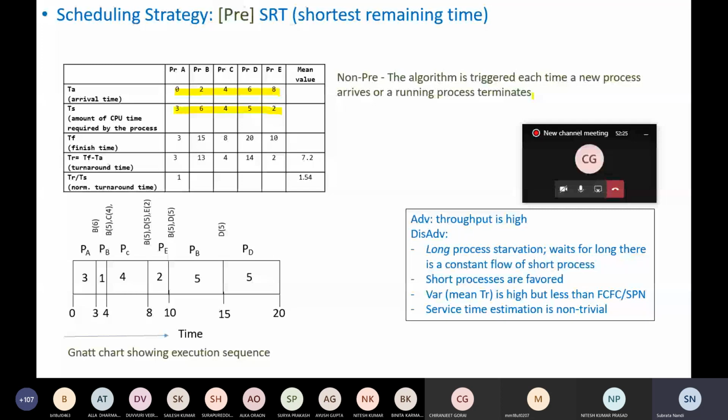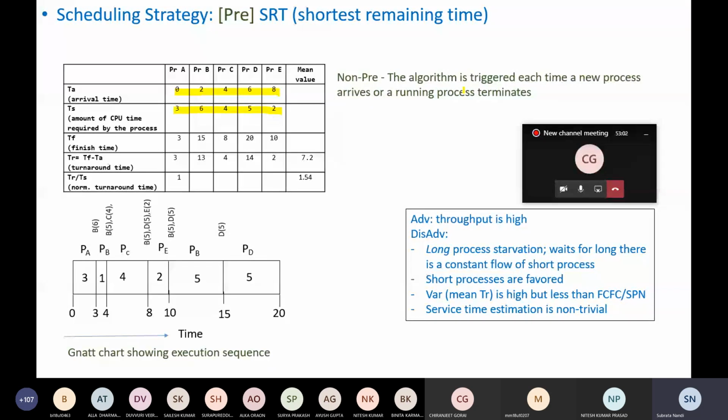And it can often happen that a shorter job arrives compared to the ones that are waiting, and in that case you forcefully preempt the running job. So now the frequency with which this algorithm executes increases.